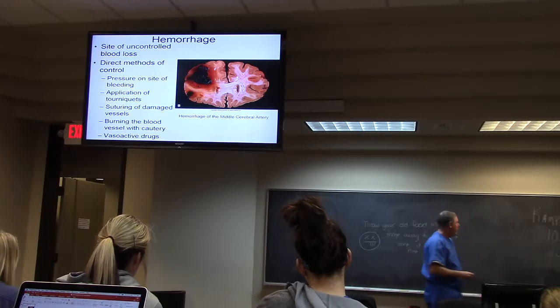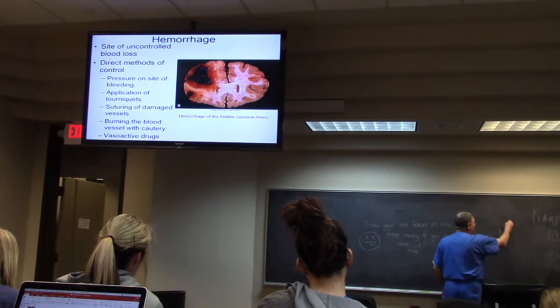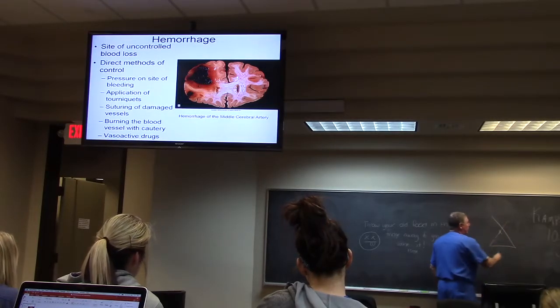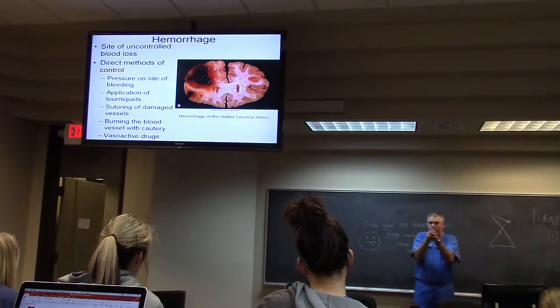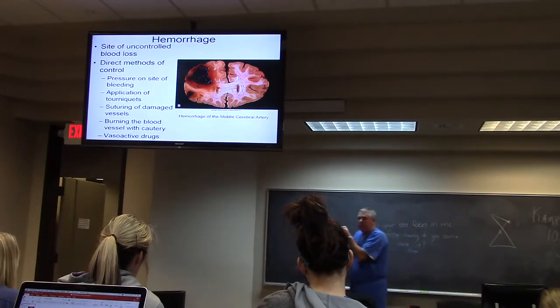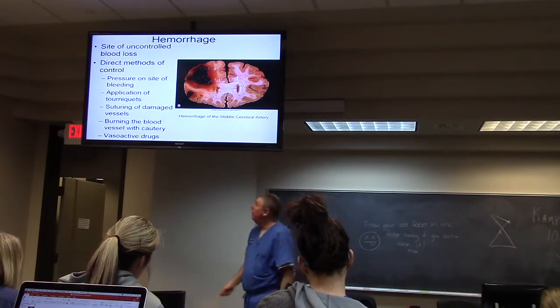If this is where you think the vessel is, you do what's called a figure of 8 suture. And you tie that down tight, and that draws the surrounding tissue up and will close off the vessel. So that's why it says suturing of damaged vessels. It's pretty easy to do, and you'll be doing it.